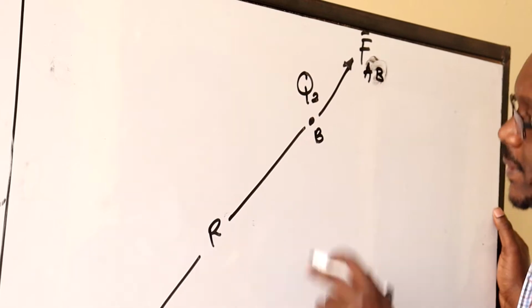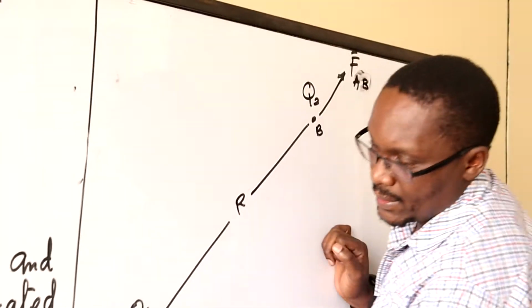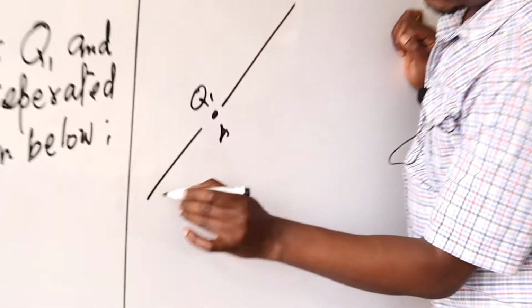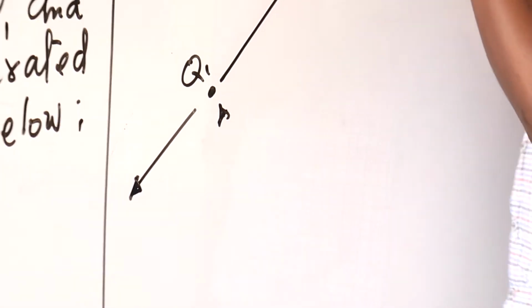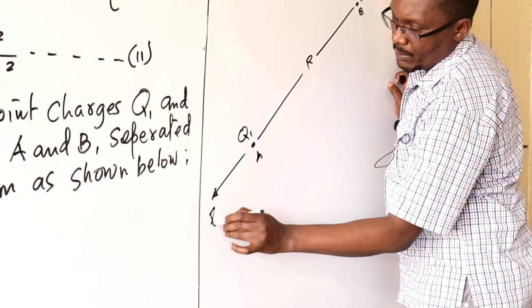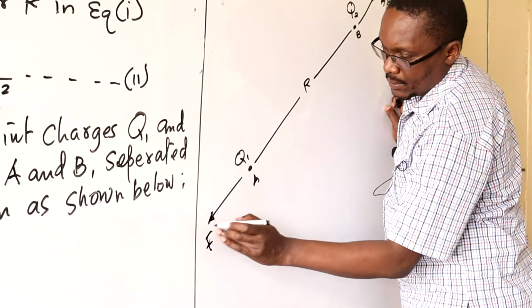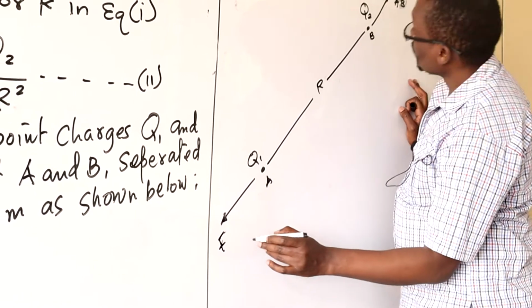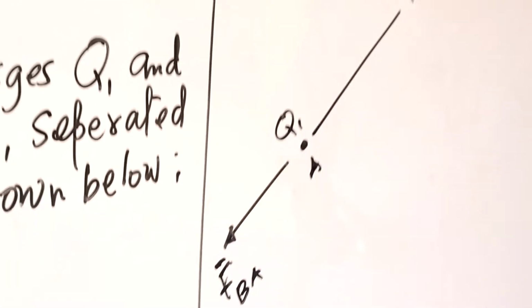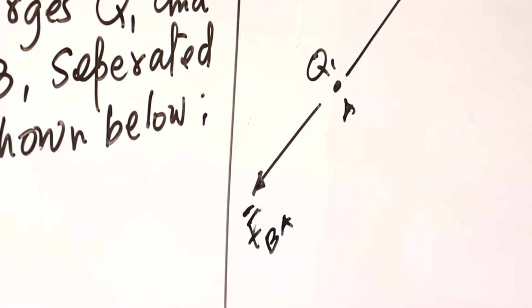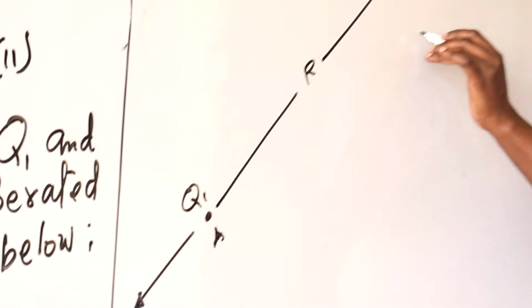And that particular force that goes in this other direction, the force on Q1 due to Q2, can also be labeled as F BA. So now maybe we can say, according to Coulomb's, let me just write it here.